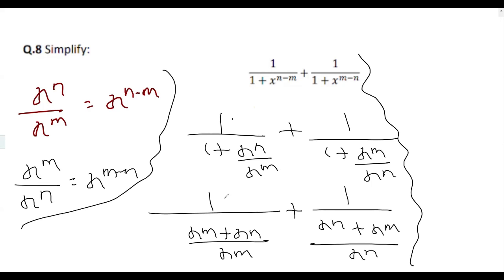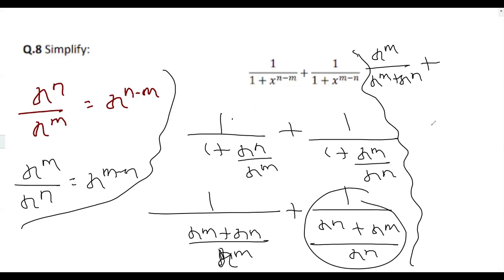Now you know that 1 divided by any number is the reciprocal of this. So dividing is same as multiplying with the reciprocal. So I can write this as x raised to the power m over, this is on the power, this is the base, that divided by x raised to the power m plus x raised to the power n.